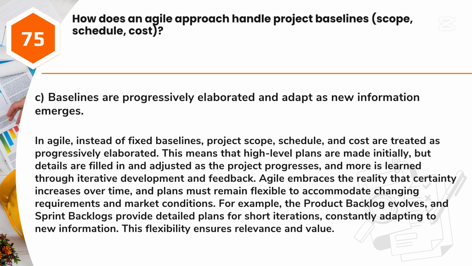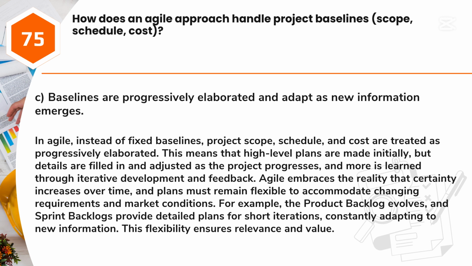Answer: C. Baselines are progressively elaborated and adapt as new information emerges. In Agile, instead of fixed baselines, project scope, schedule, and cost are treated as progressively elaborated. This means that high-level plans are made initially, but details are filled in and adjusted as the project progresses, and more is learned through iterative development and feedback.